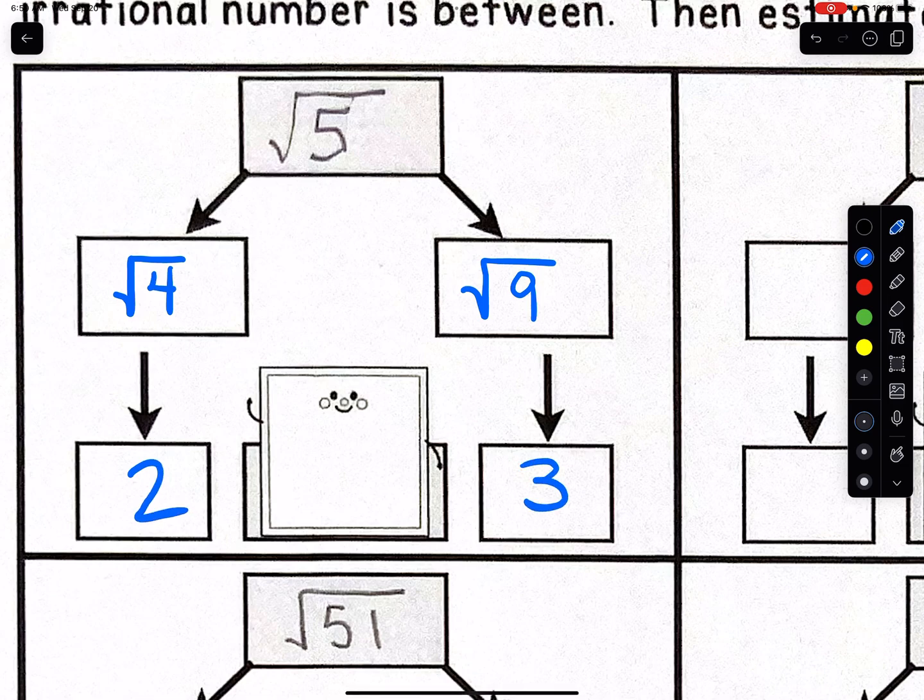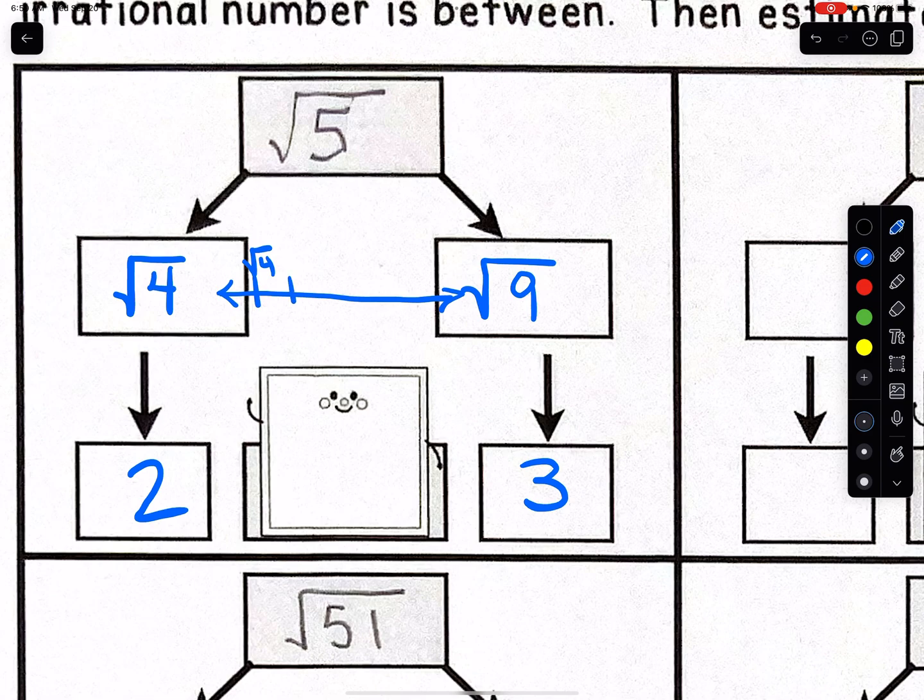With it being 2 and 3, I need to figure out which one it's closest to. So my brain pictures a little number line that is all the square roots.